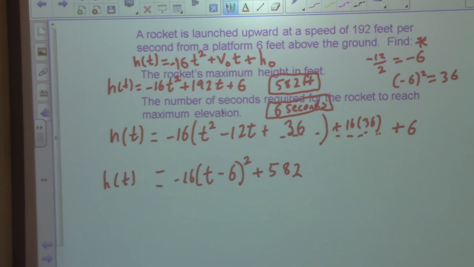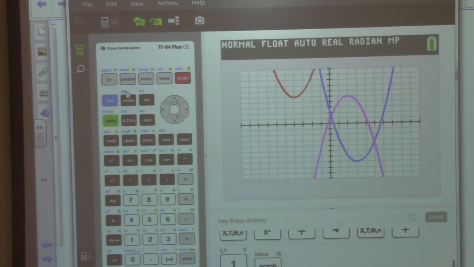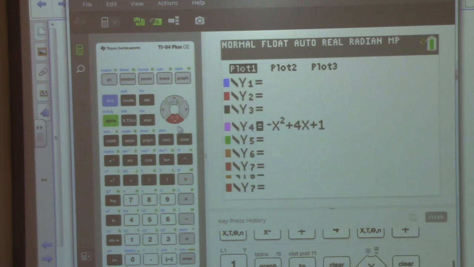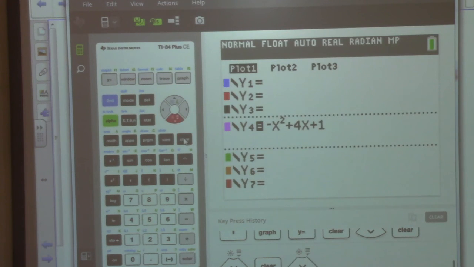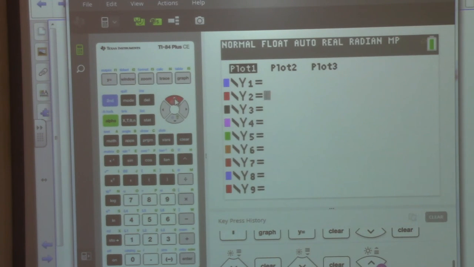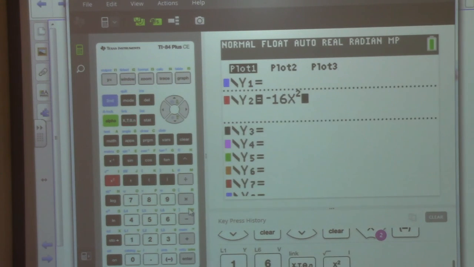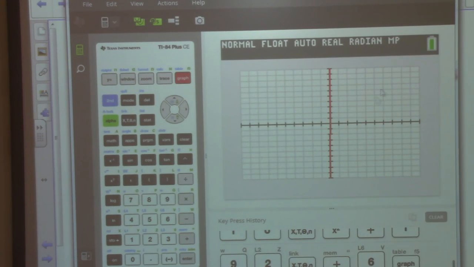One way that most people do it is really just to graph this in the calculator. I'll show that to you here. So if we take negative 16 x squared plus 192x plus 6, and we graph, we won't see very well.